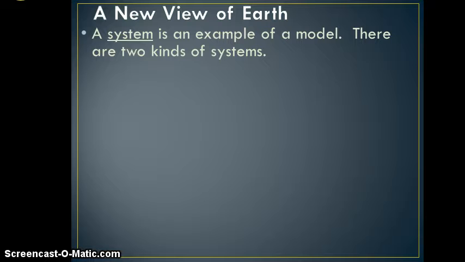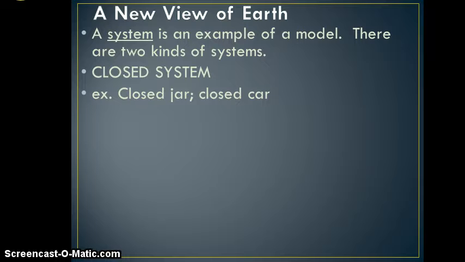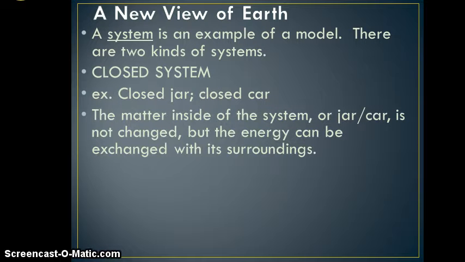We look at systems within models, and we look at two kinds of systems. We look at closed systems, and we talked about a closed jar or a closed car, and we looked at how the matter inside that closed system does not move freely. It stays within that system.